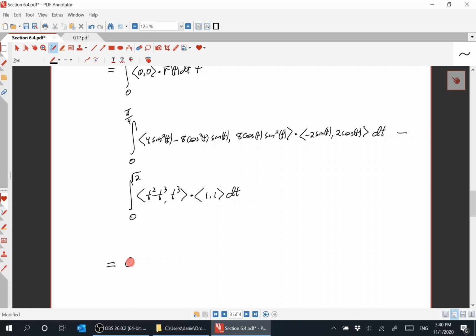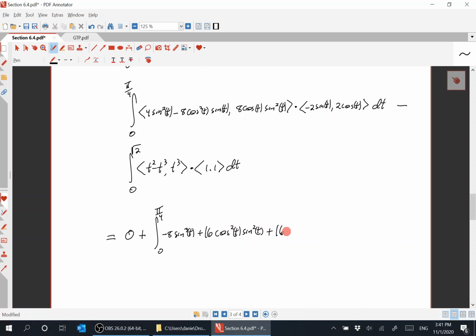So this is equal to 0 plus, for this one, we multiply everything by sine. So that gives me minus 8 sine to the third t plus 16 cosine squared sine squared, plus 2 times cosine, 16 cosine squared sine squared.